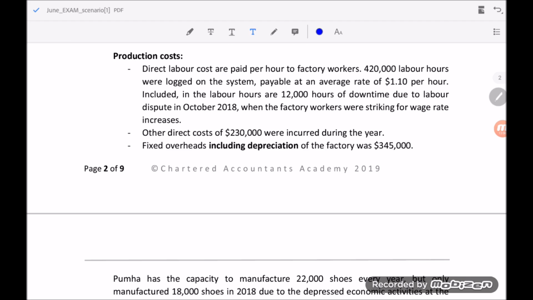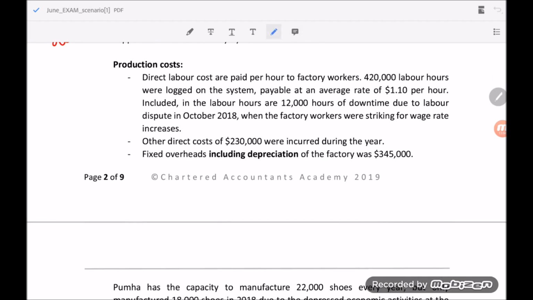Again, we can see here that we have got total 420 hours which have been logged for work which has been done. But part of those 420 hours, 12,000 of them, there was nothing productive which was being done. So that means this 12,000 hours is actually a loss that we've incurred as a business, because people are getting paid, yet people were not producing anything.